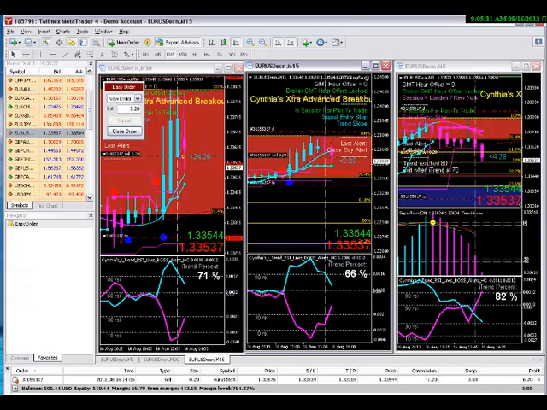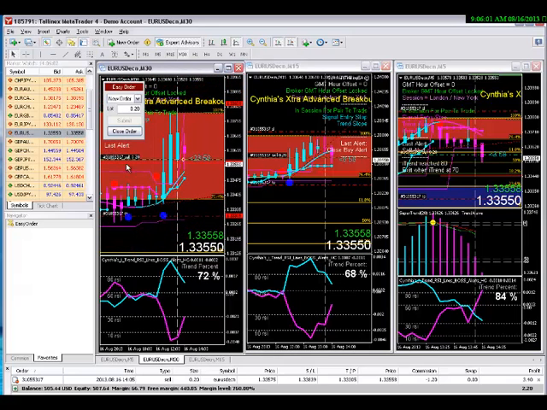Let's see if it reaches 8 pips. We're only looking for 8 pips, and then it'll close half of the trade, book that as profit, and move our stop to break even. So our target's down here.